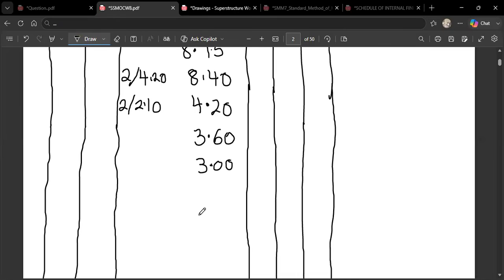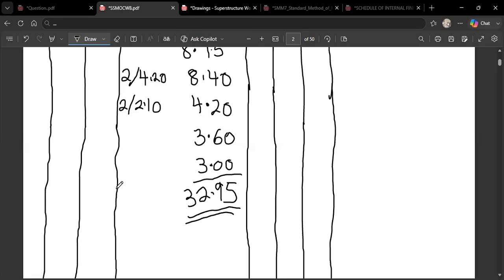Good. So from here, we just have to add all of this. If you add all of this, you are going to get 32.95.